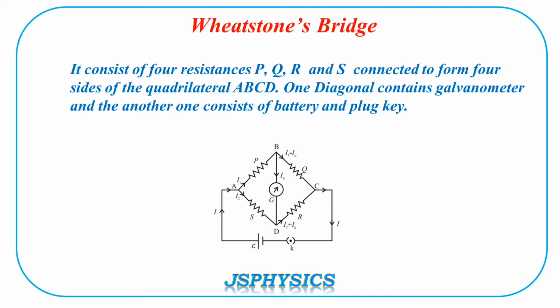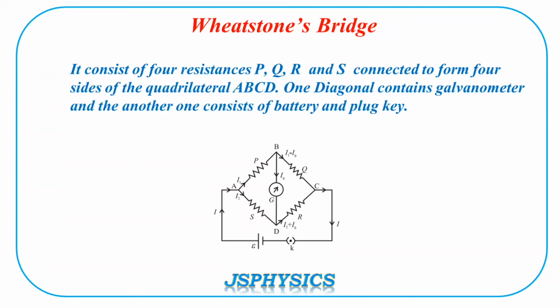Now we can see that the current starts flowing from positive of the battery, and the value of the current is I. When it comes at point A, which is an electrical junction as per Kirchhoff's law, the current gets divided into two parts. One part of the current flows in AB branch, that we'll call I1, and the second part of the current will flow in AD branch, that we'll call I2. So this current moves in the forward direction again, and the current I1 at point B is again divided into two.